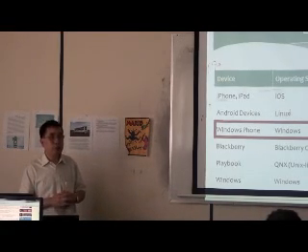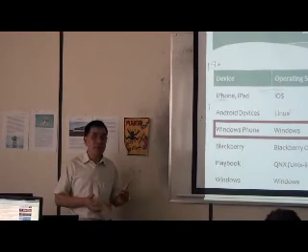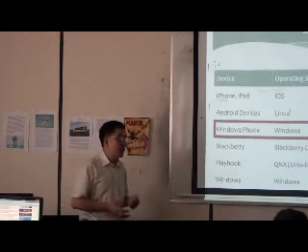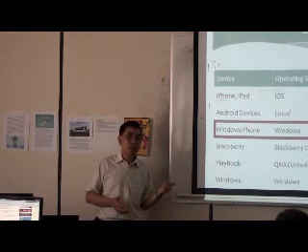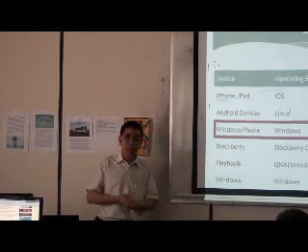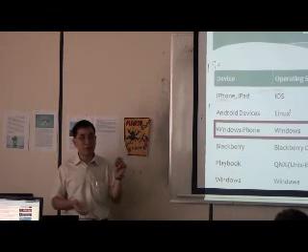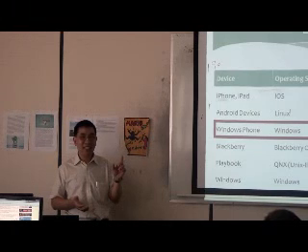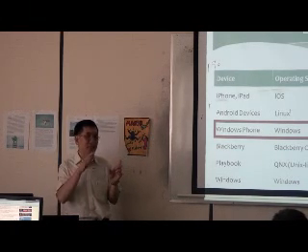So Windows Phone, you can think about it as an evolved version of Windows Mobile. 10 years ago, Microsoft released the Pocket PC. I'm not sure anybody used that Pocket PC. And later on, they integrated the phone functions into the Pocket PC.